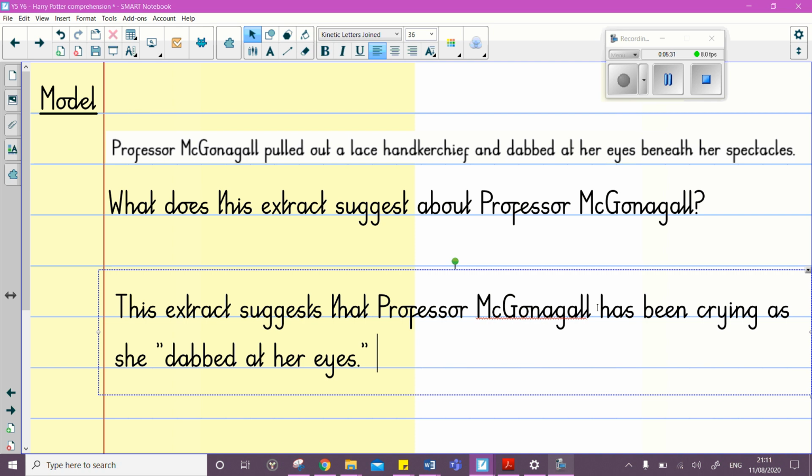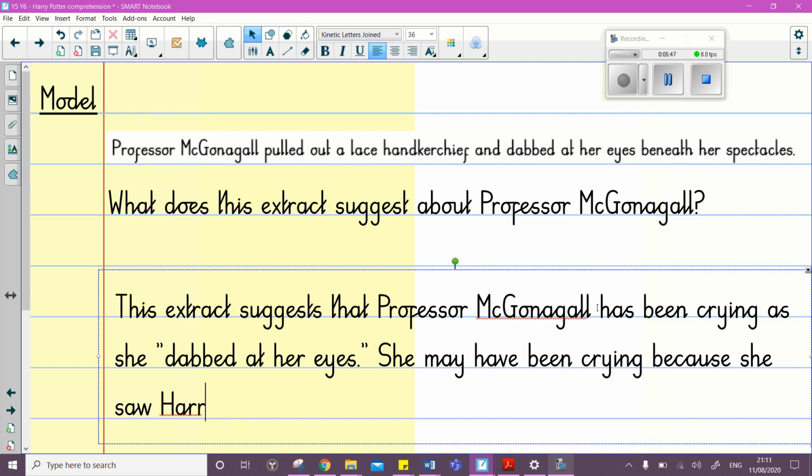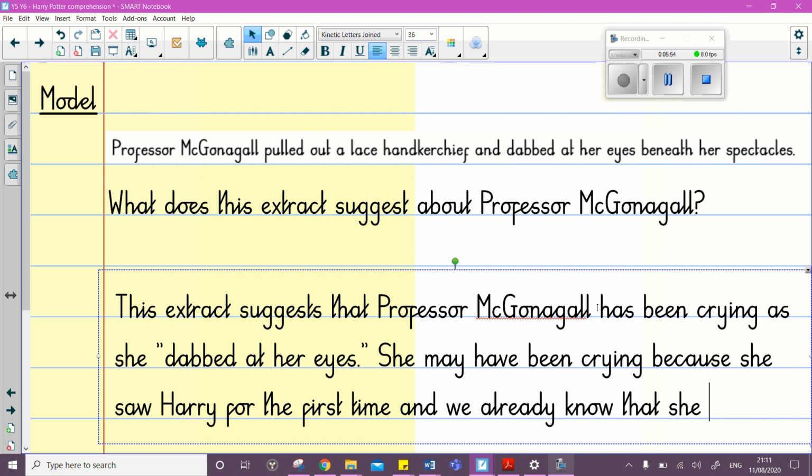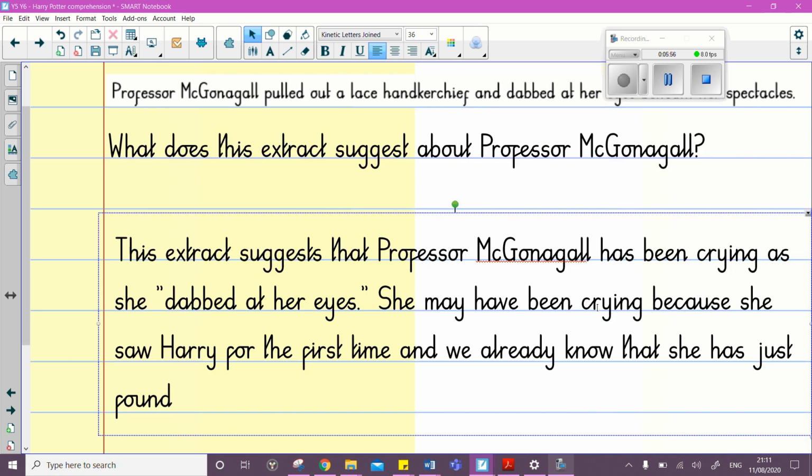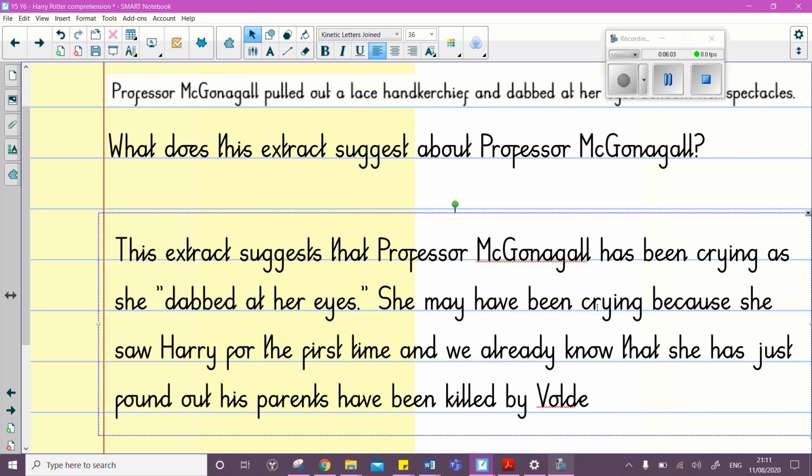And then I could also add in why I think that. So we've got this extract suggests that Professor McGonagall has been crying as she dabbed at her eyes. She may have been crying because she saw Harry for the first time, and we already know that she has just found out his parents have been killed by Voldemort.